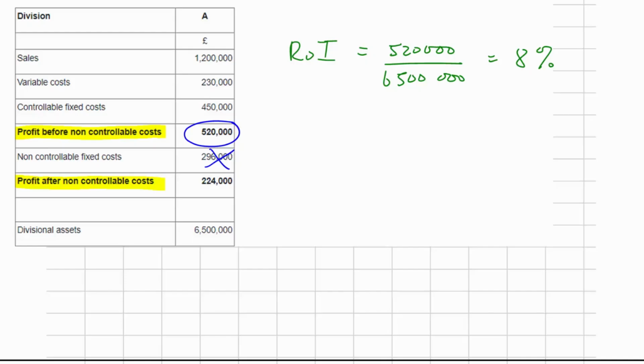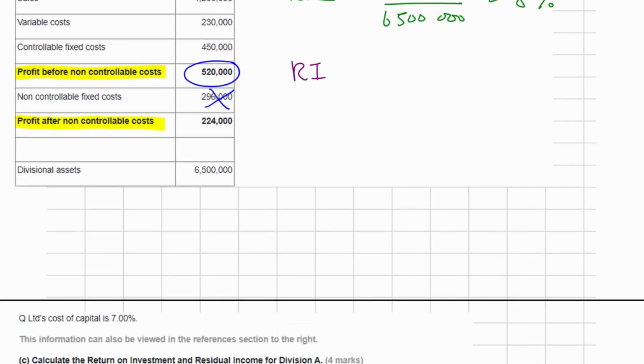And then what about our residual income? So that's going to be worked out in a different way. So we've got our divisional assets there, but it tells us that our cost of capital is 7%. So we have invested 6.5 million in this business, and the owners of the business would expect us to be earning 7% profits from that.